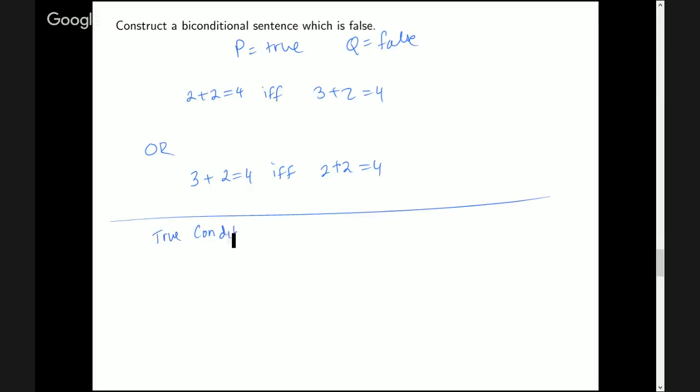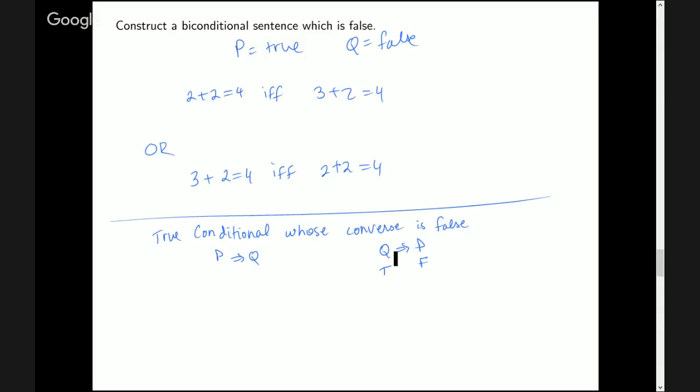So if I had said a true conditional whose converse is false, help me out. A conditional is P implies Q. And the converse is going to be Q implies P. For the converse to be false, we need Q to be true and we need P to be false.